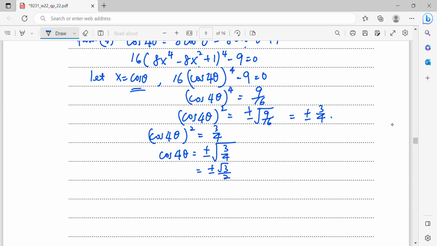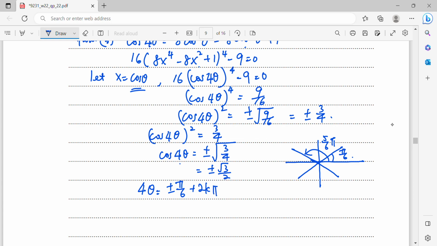So for the cos 4 theta, since this is plus minus, it means that you have to consider all 4 quadrants. When you use the calculator, the principal value is pi over 6. Then the next one is 5 over 6 pi. Since this is 4 theta, you have to consider the initial cycle and 3 more cycles. So from here, I will say 4 theta is basically plus minus pi over 6 plus 2k pi.